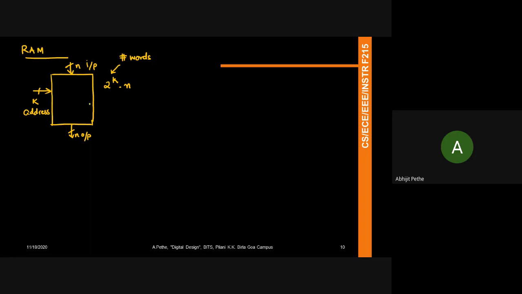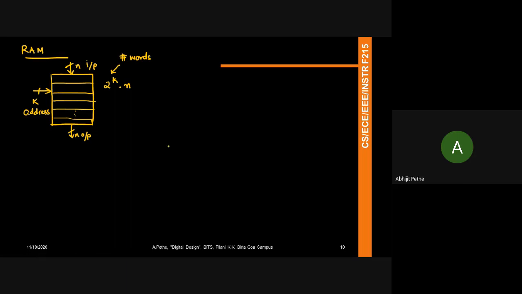So now, what is the intention? The intention is when I present an address to this memory, I should get an output on the output line, right? So if you think of the memory design, you can think of this as various words which are stored in the memory. Whenever we visualize memory, we visualize it as a stack of words which are stored one after the other, each with a particular address associated with it, right? And so in digital design, you know that suppose I have k bit lines and I want to target 2 to the power k cells.